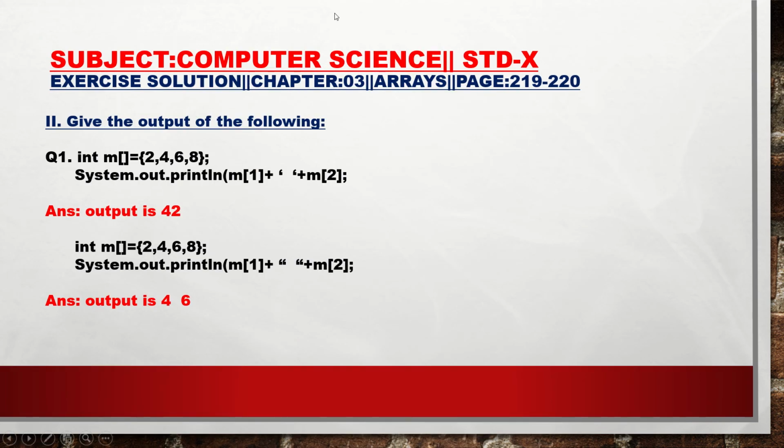Give the output. Yes, you need to understand here how the output is derived. So let's get started. Int m is the array over here, an integer type having 4 elements. Now in the output statement, it is written m1 plus, and if there is a single quote on each side, it indicates a character.